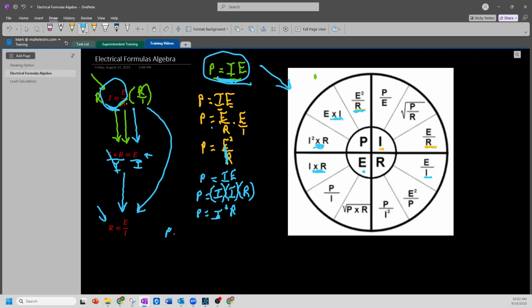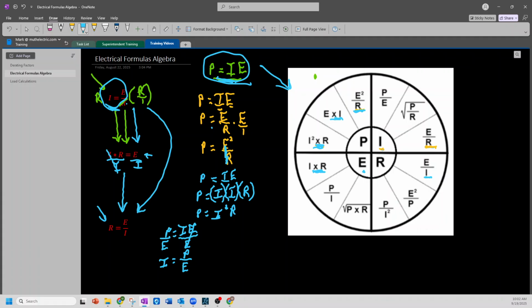I'm going to start off with I. I'm going to get I by itself. So I've got to divide both sides by E. And that cancels out. So now I, again, it doesn't matter what side you put these things on. I just flipped them around. I equals P over E, voltage.